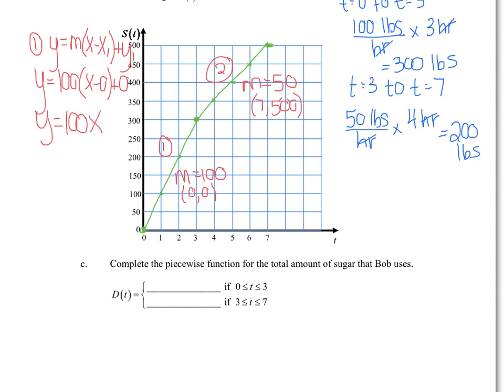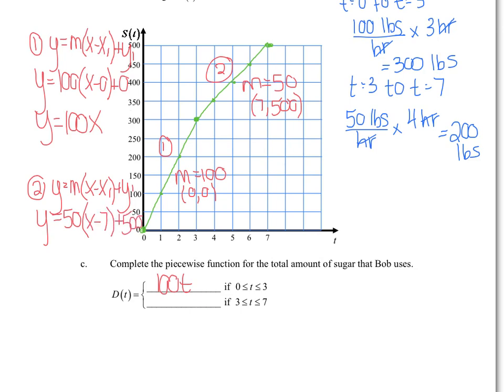Now, we use S of t and t, so I'm going to rewrite this as 100t. For the second part, we have y equals m times x minus x1 plus y1. So y equals m, which is 50, times x minus 7 plus 500.